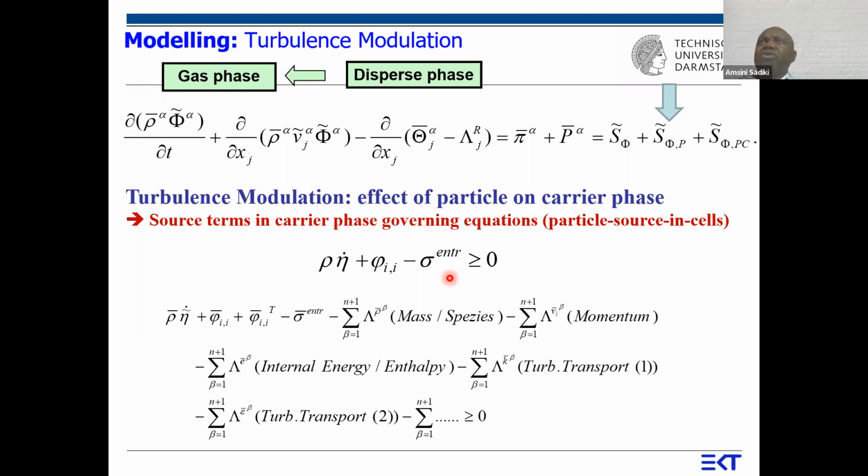Only processes which are consistent with or compatible with the second law of thermodynamics are acceptable. And these processes are thermodynamic processes because they are consistent. They are compatible with this second law of thermodynamics.